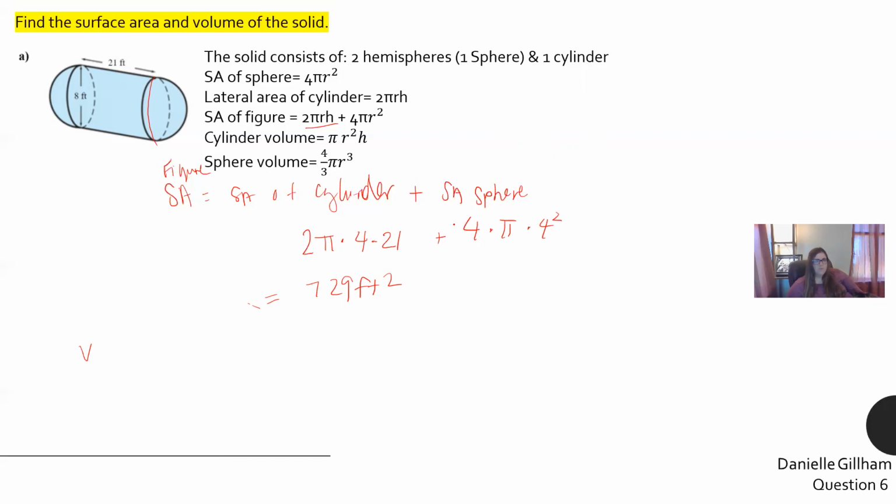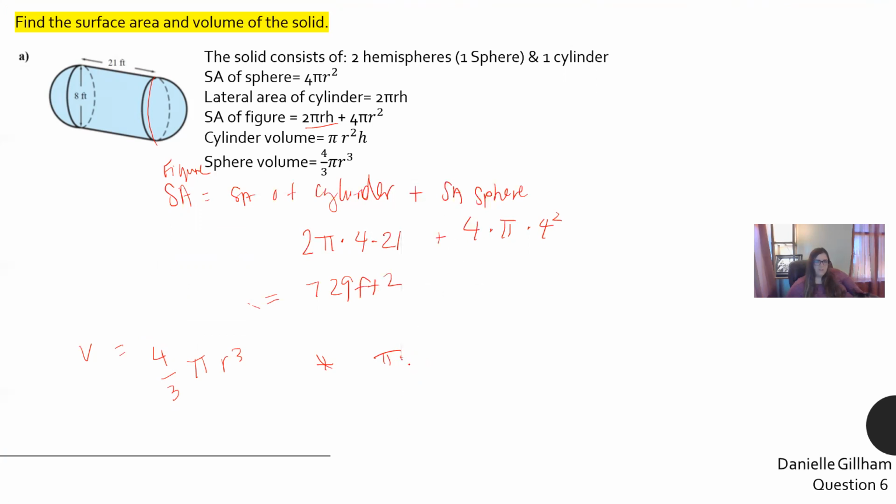Now, in order to find the volume, again, we're just going to do volume of a cylinder plus volume of the sphere. So a volume of a cylinder is pi times r squared times height. I'm sorry, I did the volume of the sphere first. Volume of a cylinder, pi times radius squared times height.